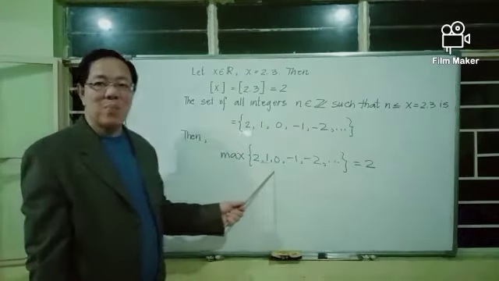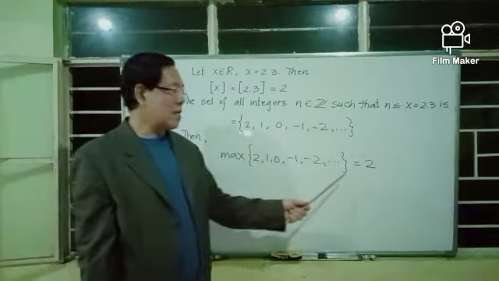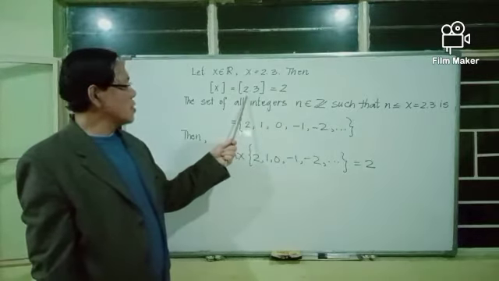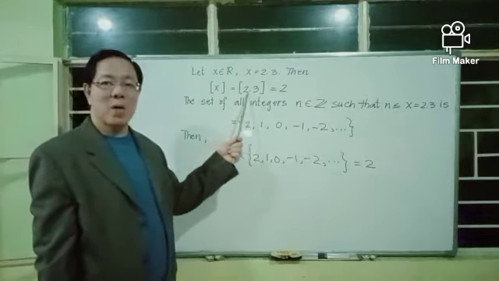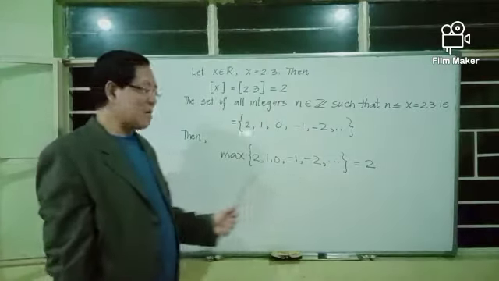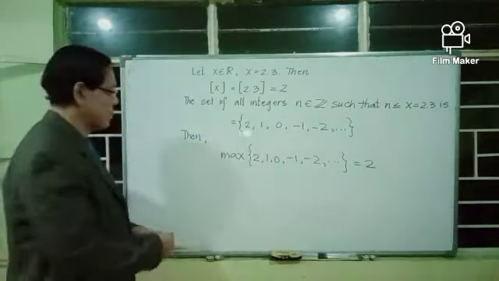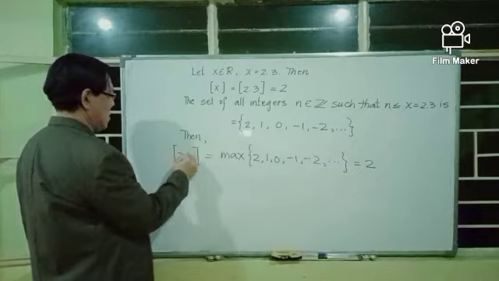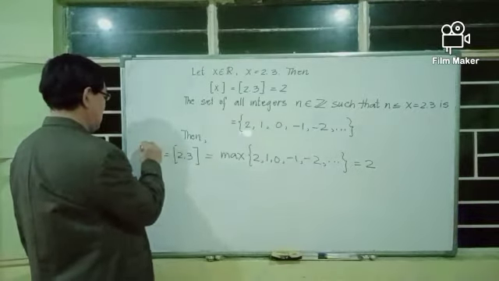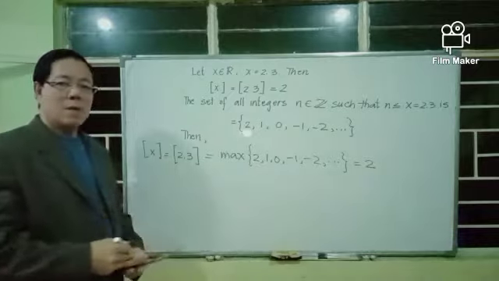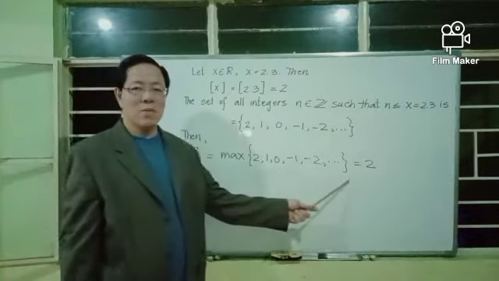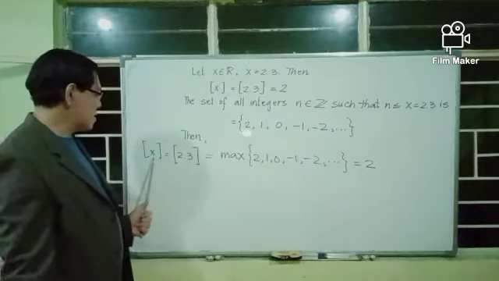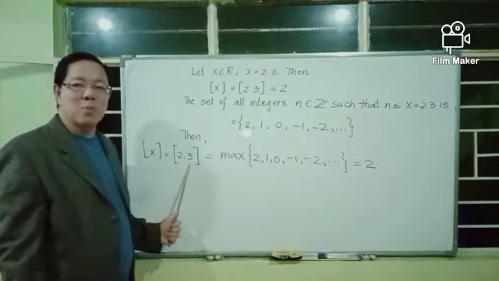But we find that 2 is the floor or the greatest integer function of x if x is 2.3. Hence 2, which is the maximum of this set, is equal to the floor of 2.3, or the greatest integer function of x when x is 2.3.